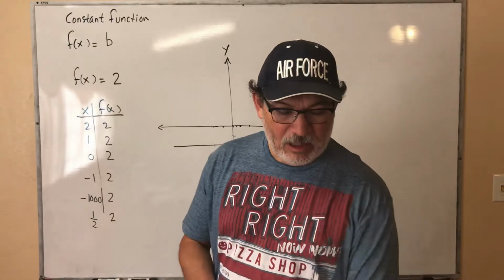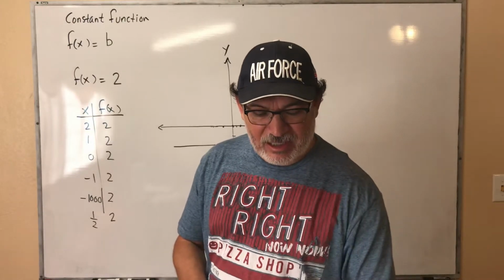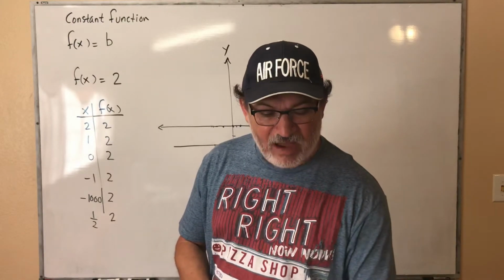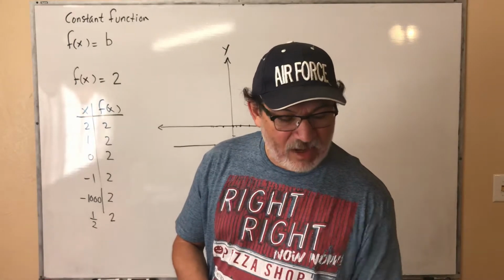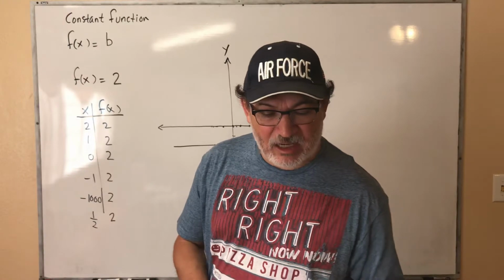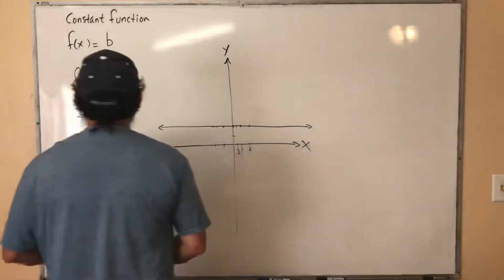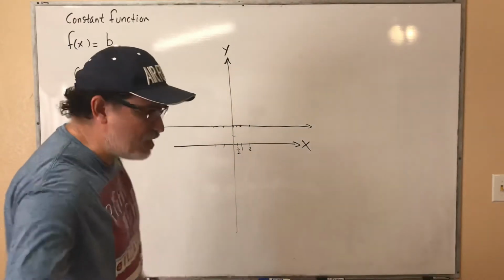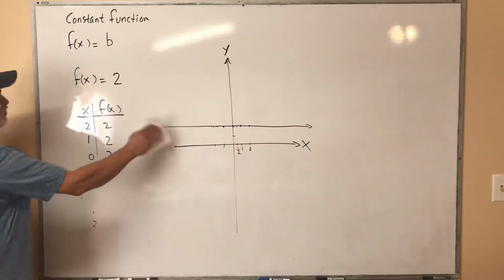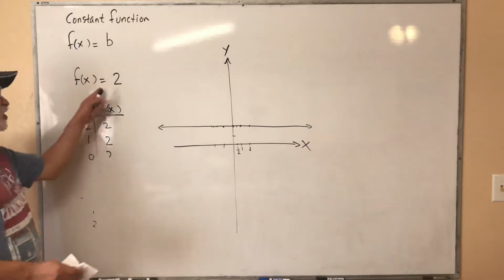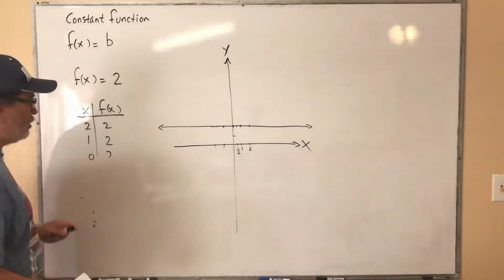Well, a linear function, good class, is the following. So that's a constant function. By the way, that's a linear function also, okay? This is also a linear function.